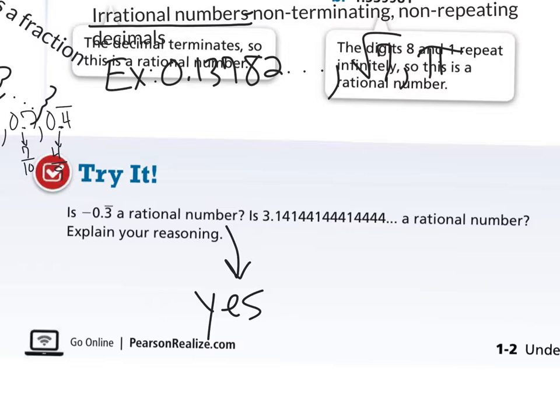I lost track. Anyway, that one, I don't know if we specifically talked about. It's a pattern, but it's not exactly repeating the same thing every time. It's not the exact same every time. And so that would not be a rational number. That would be irrational. We can't write that as a fraction with two integers.